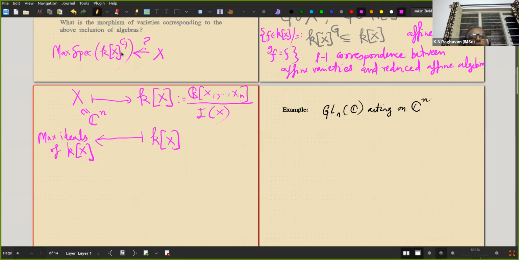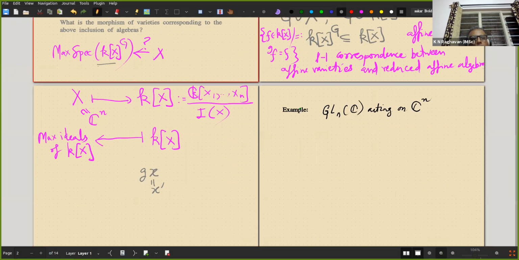But let's look at this. Take x and x prime, and suppose they are in the same orbit, so gx equals x prime. The functions here are G-invariant.